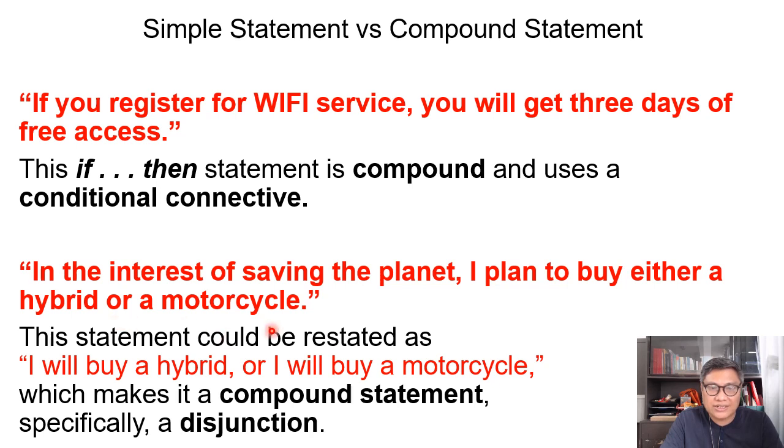So this statement could be restated simply as I will buy a hybrid or I will buy a motorcycle. We can usually rewrite it to simplify, and that is possible. Which makes it a compound statement, and it is a disjunction because it made use of the word or as a connective.